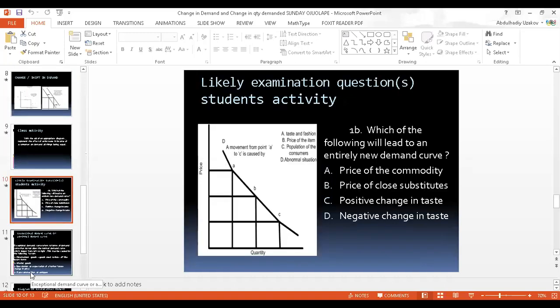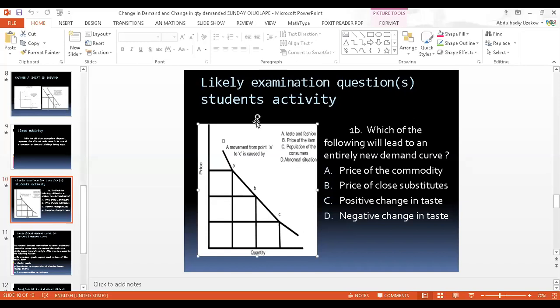A movement from point A to C is caused by, all right, the answer here is B, price of the item. Please, if you picked from the other side, that's actually a different question. So I expect you to pick price of the item.